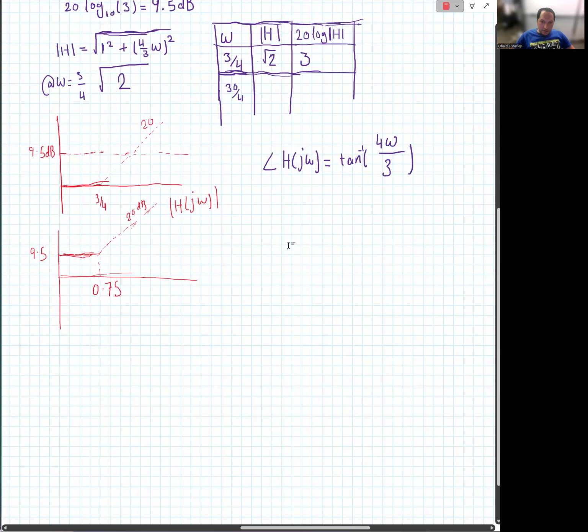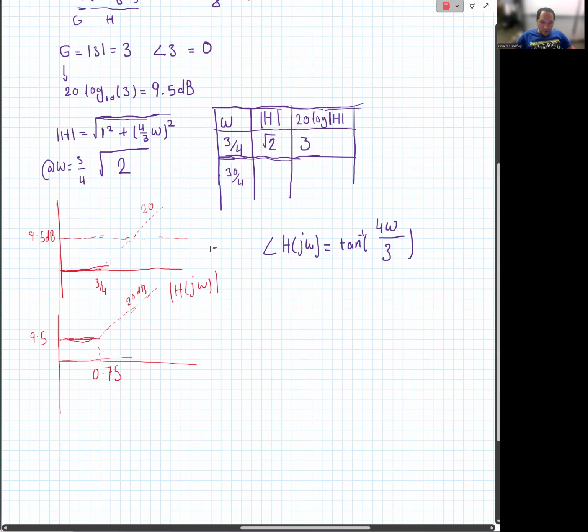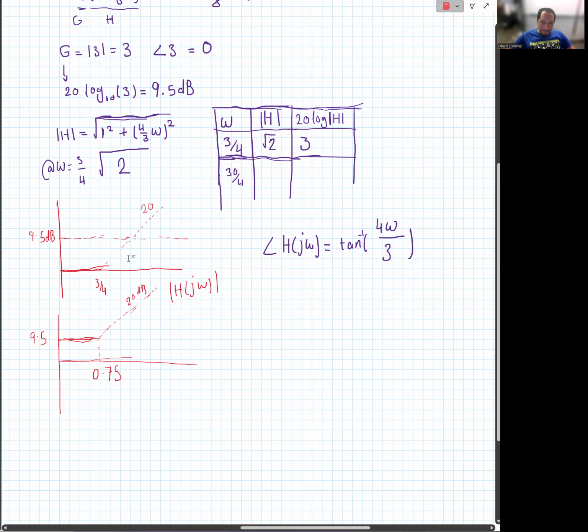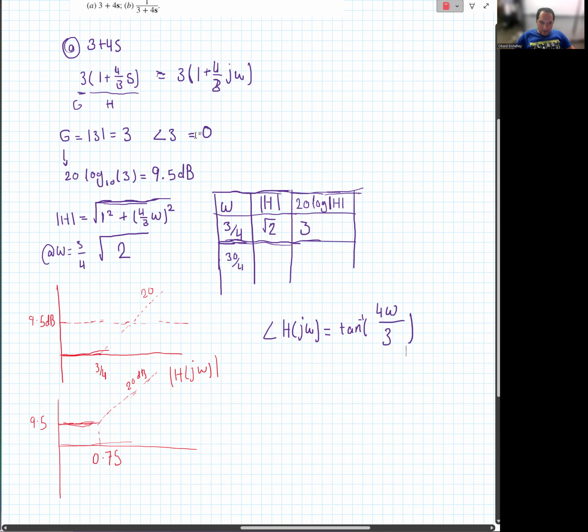So let's plot the phase of both elements. The phase of the first element is 0, so it will not have any effect. The phase of our second element, which is H of j omega, let's plot it.